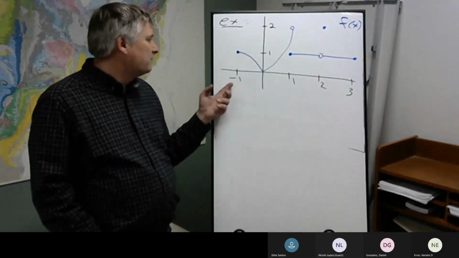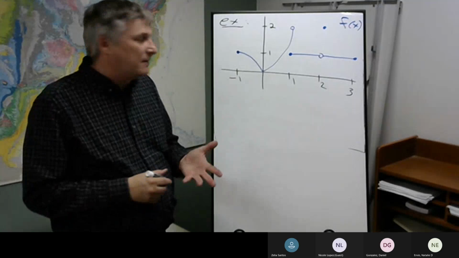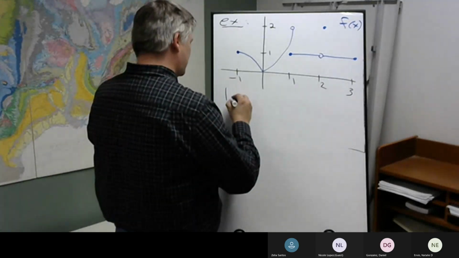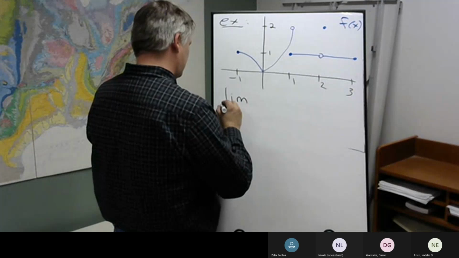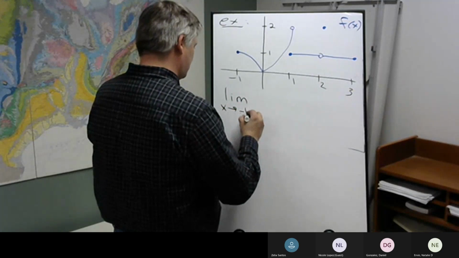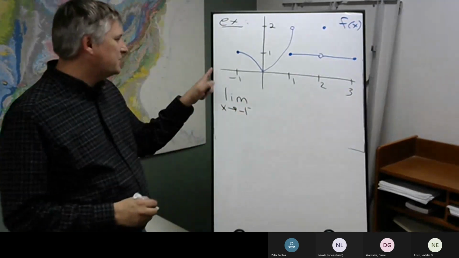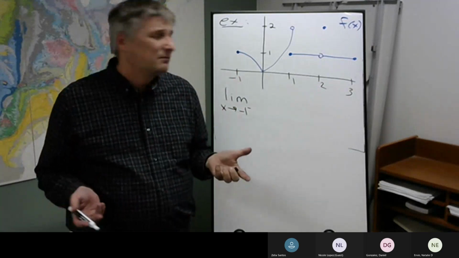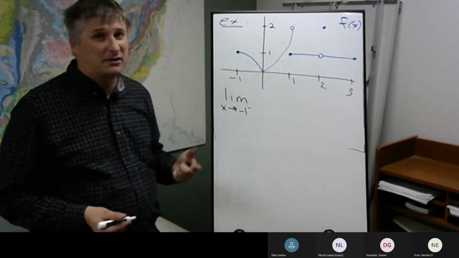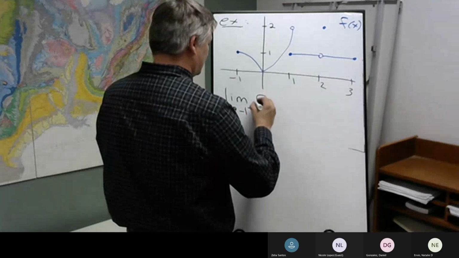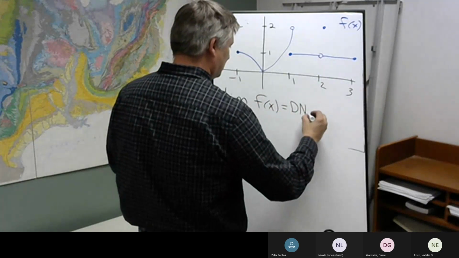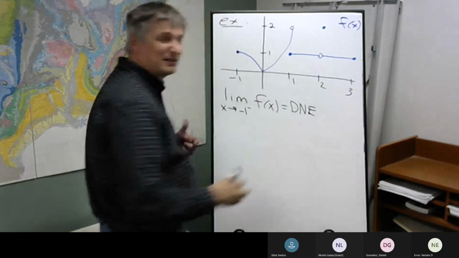So let's start with -1 here. What's the limit of f of x as we approach -1? Well, first off, as we approach -1 from the left, we can't. f of x isn't defined here. So this limit does not exist.